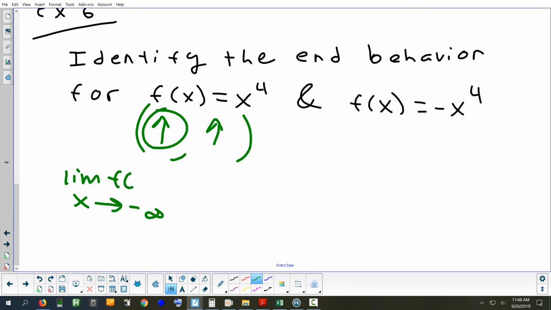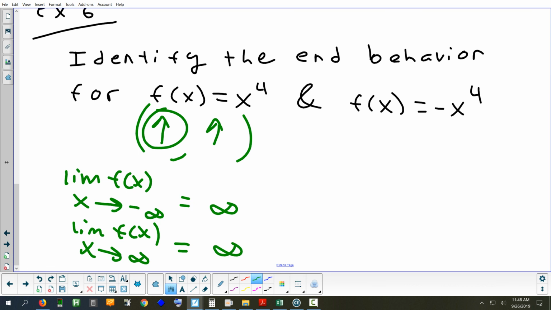Which basically means y. So the limit of f of x, or the y value, as x approaches negative infinity, what's happening? The y goes to infinity. And the limit of f of x as x approaches positive infinity, as x heads to the right, what's happening? It still approaches infinity. I'm not going to write it both ways each time.